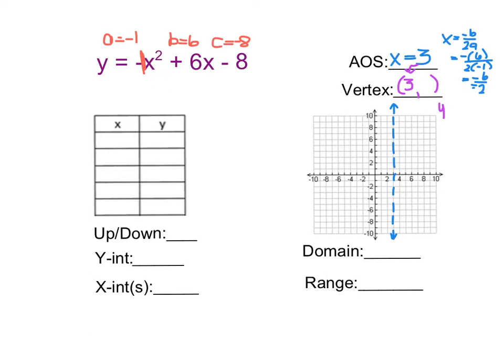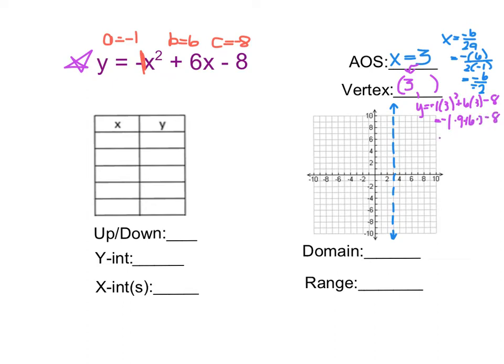So here I have y is equal to, I'm going to use my equation over here, so I'm going to give myself a little bit more room. So I have y is equal to -1 times 3 squared plus 6 times 3 minus 8. I start with my exponent, so I have -1 times 9 plus 6 times 3 minus 8.